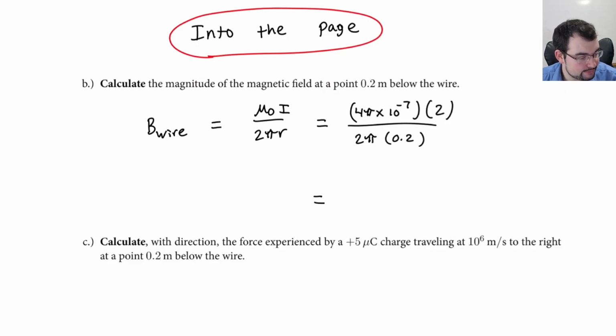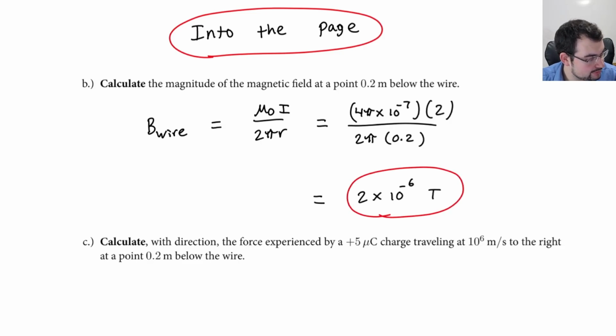If we do that, notice the pi's go away, the 2's go away, so I'd essentially get 4 times 5, which is 20. I'd get 20 times 10 to the minus 7th, which is 2 times 10 to the minus 6 Tesla, also known as 2 micro Tesla.